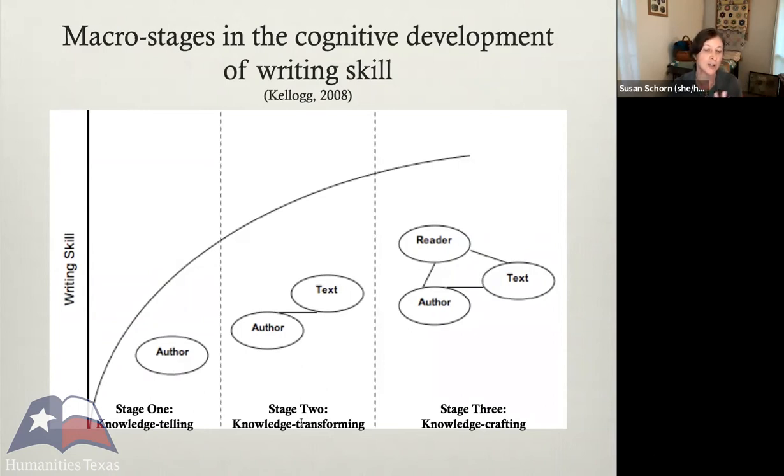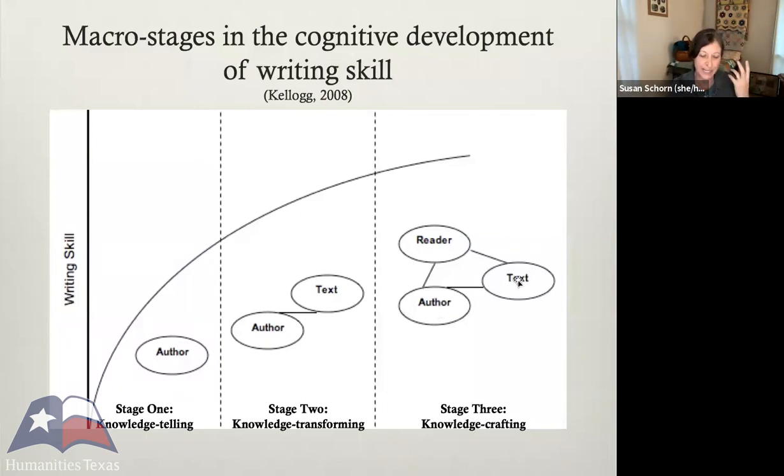When we move to the knowledge transforming stage, it's more complex. And in the writer's brain, we have one formulation of the text, which is what I'm saying. And we have another understanding of the text of what the page is saying back to me. When we move on to knowledge crafting, we add a third layer to this. So the knowledge crafting writer has a stable understanding in their head of what they want to say as an author.